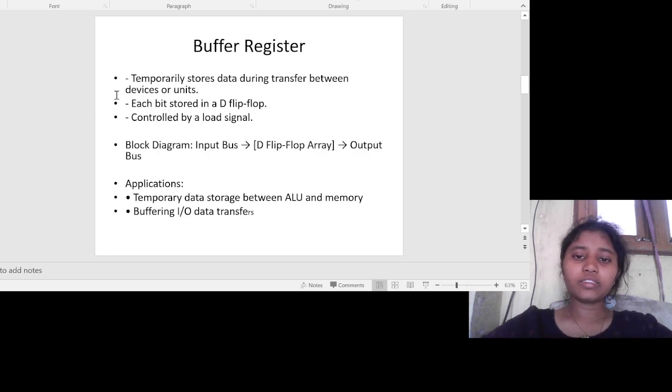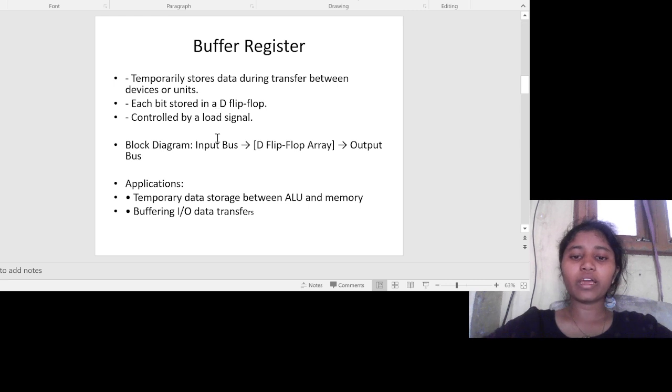Now let us discuss the buffer register. A buffer register temporarily stores data during transfer between devices or units. The bit is stored in a D flip-flop, controlled by load signals.